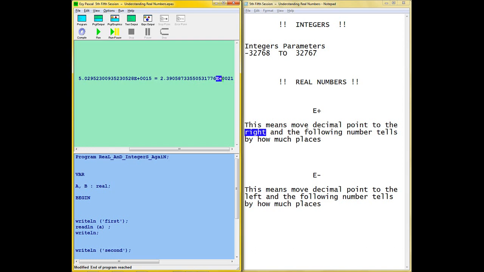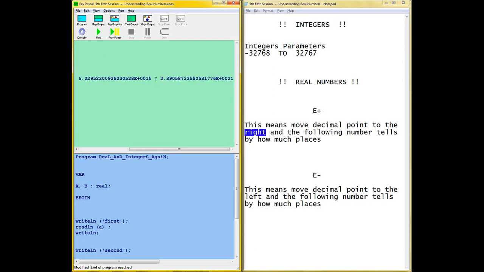2.39058733550531776 E plus. Now, as soon as you see the E, I say that the E is for end. I'm not sure if that's correct or not, but I use it for end. And this end is the beginning of saying how many more digits that number actually has.